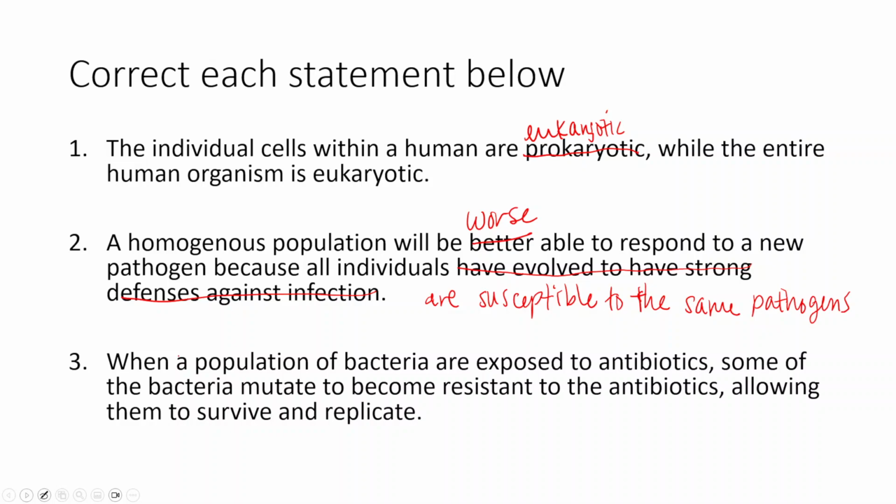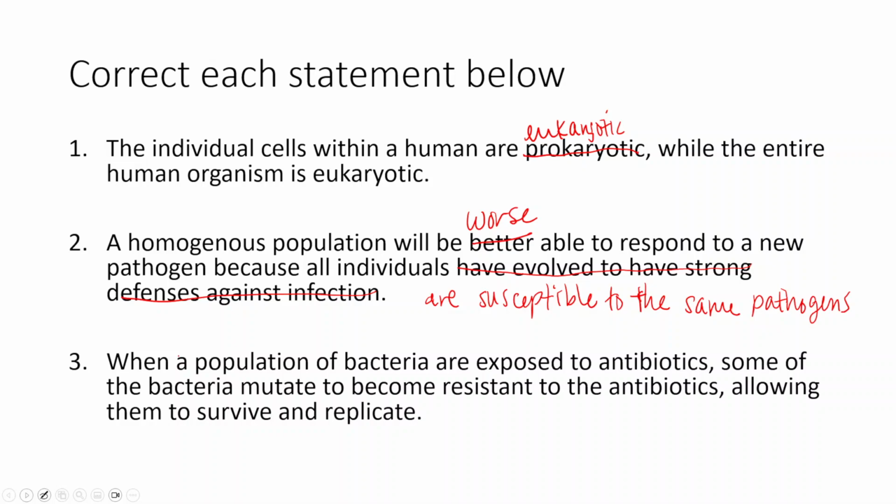It's sort of like building on the last question. They're a heterogeneous population. So as bacteria are replicating, some of them will have random mutations that will slightly alter some of them. So some of them may be more susceptible or less susceptible to something like an antibiotic. The ones that are more susceptible will not survive being exposed to an antibiotic.